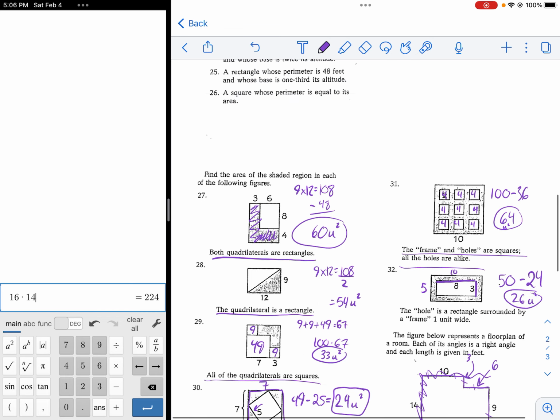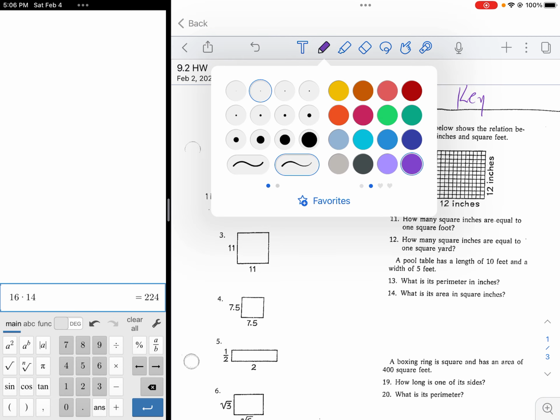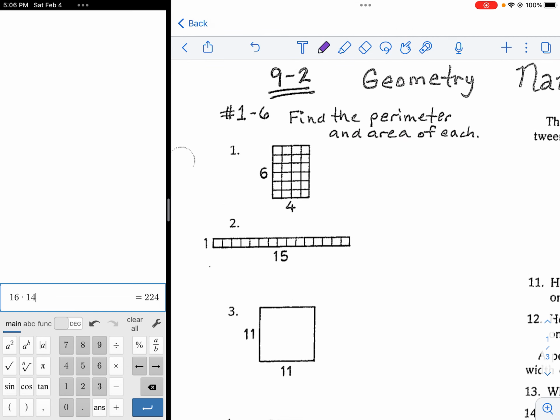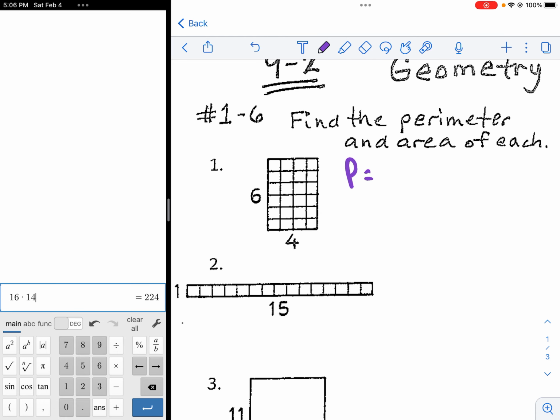We can go back to our beginning to finish this lesson. It asks us to find the area and perimeter of each, so I'll have P equals and A equals. Number 1, a 6 by 4 rectangle, gives us 24 units squared.